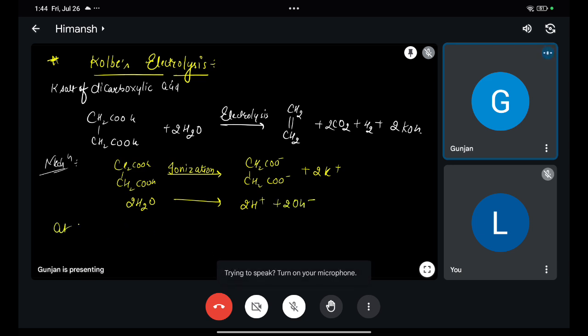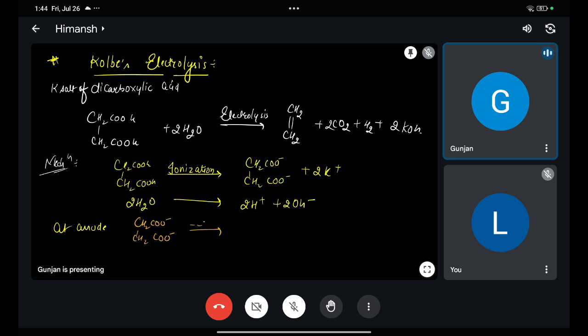At anode and cathode, the respective reactions happen. At the anode, what actually happens is the CH2COO minus, CH2COO minus. See how it does the reaction. It will remove 2 electrons, forming CH2COO radical.